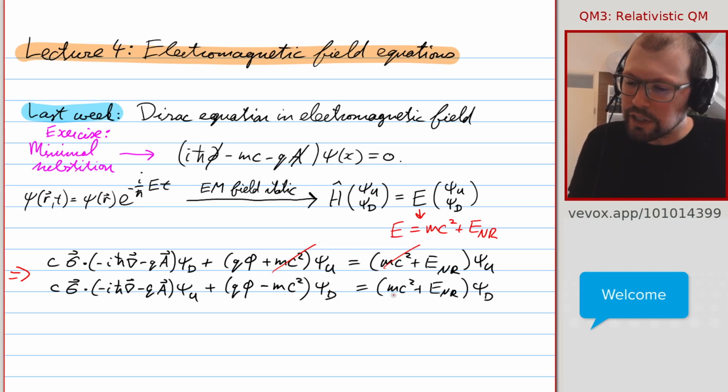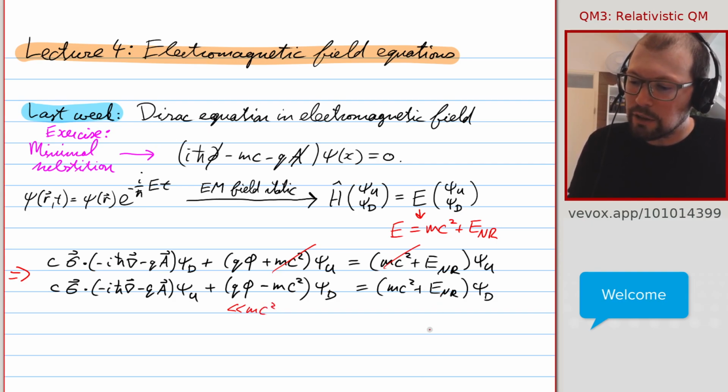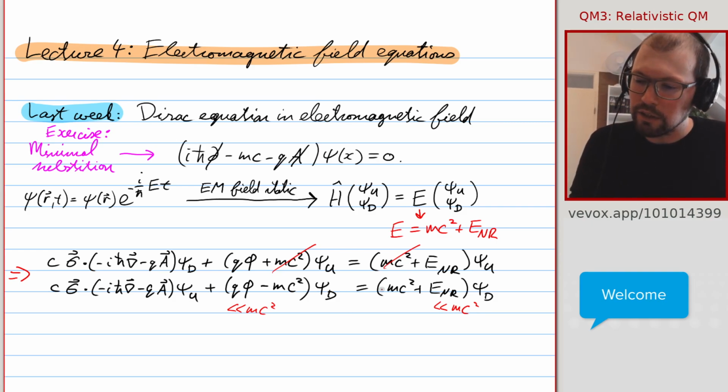And this rest energy is a lot larger than the potential energy. And also, by assumption, the non-relativistic energy is much smaller than the rest energy. So really the dominant components for the lower part come from the mc squared.